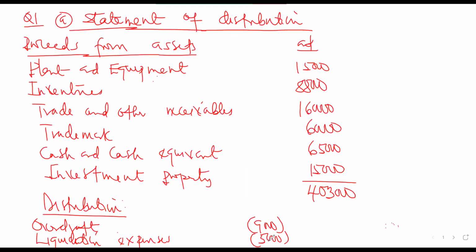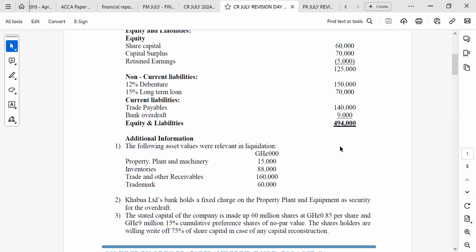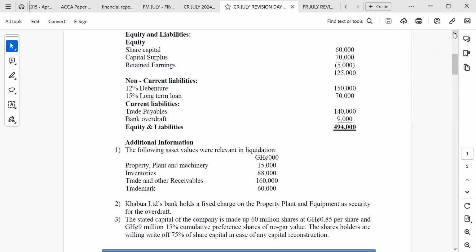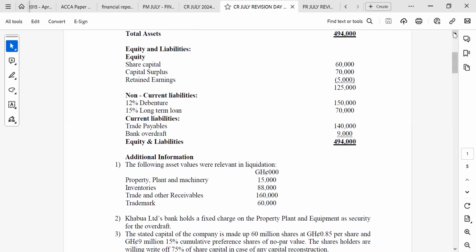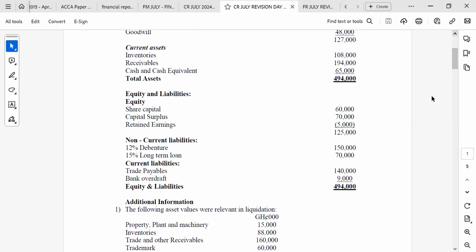Okay. So do we have any other thing that we have to settle in terms of preferential? Okay. So the payables will be left with how much? It will be left with 90.